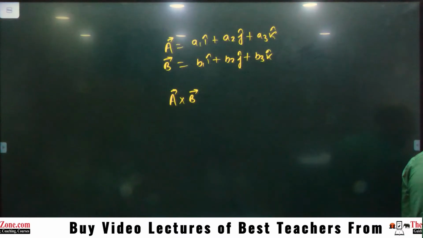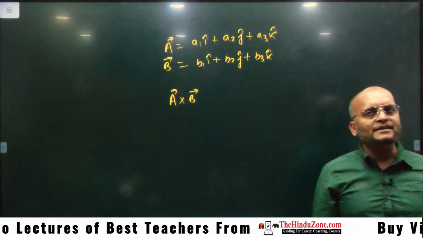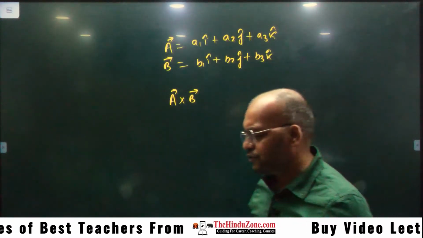Yeah, what is the answer? A1 B2 K cap minus A1 B2... Answer it in the proper form. First I cap, then J cap, then K cap. Arrange it properly, Shocking.